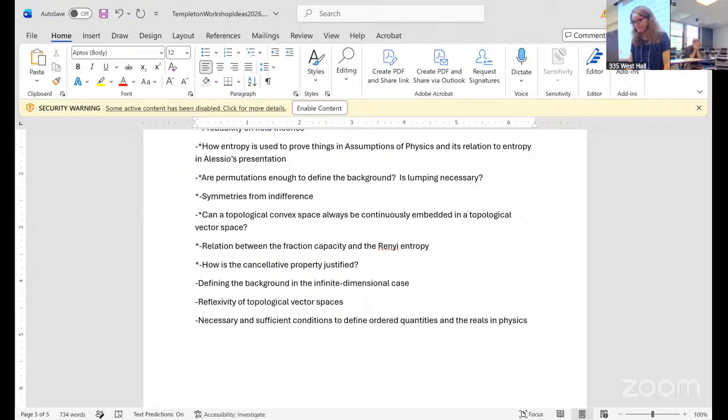So I think we're also discussing already defining the background in the infinite dimensional case, because I don't know if we did or not, but the point was that when we are defining... oh man, I have to go back. What was the symmetry of evidence?